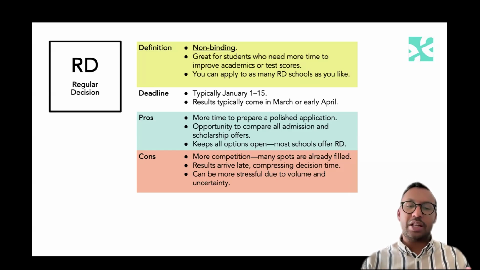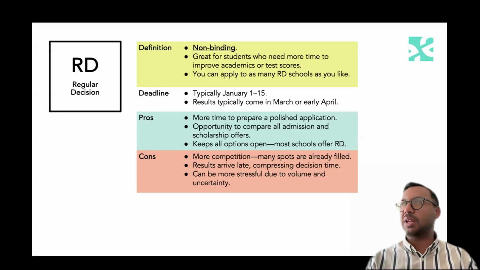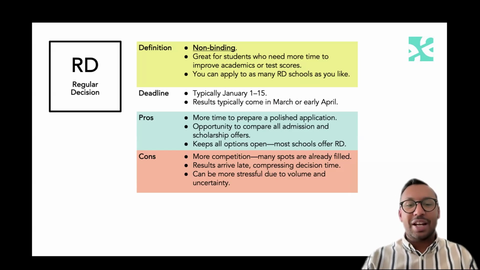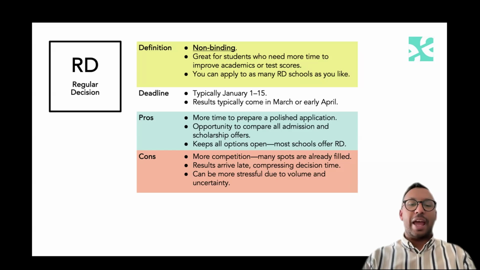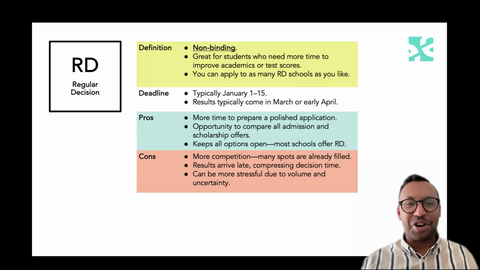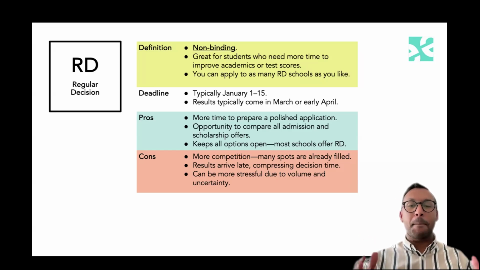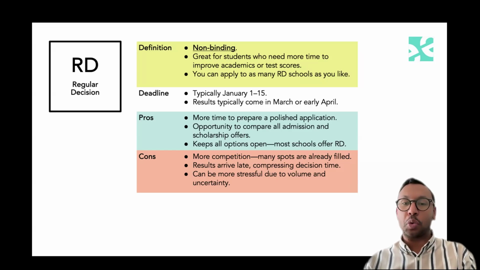And within the early round, they've already admitted, let's say, 350 students. And so now in the regular decision, they'll receive 20,000 applications, and they only have an additional 650 seats remaining. And so, as you can see, your chances become more slim the longer you wait.